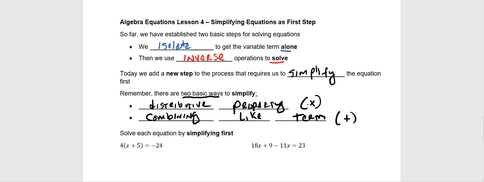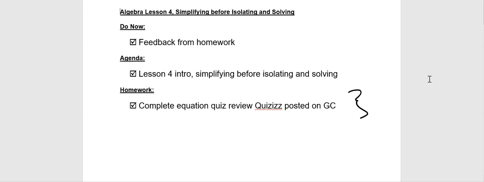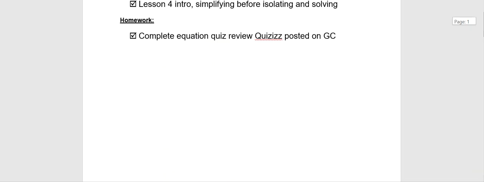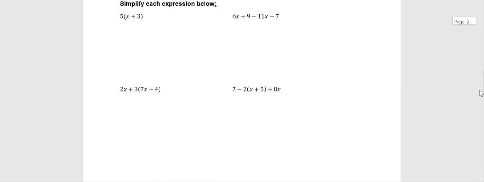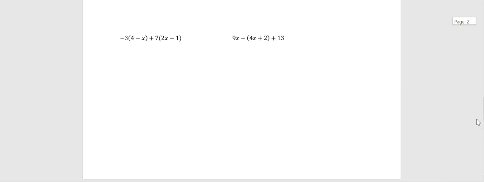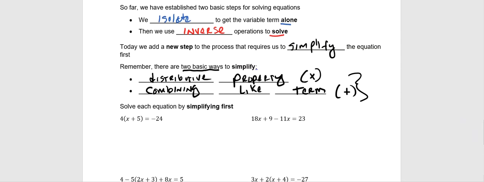So we always have to go in that order because GEMDAS says so, remember? GEMDAS says you have to go in that order. You have to go first multiplying and then adding, first distributing, then combining like terms.